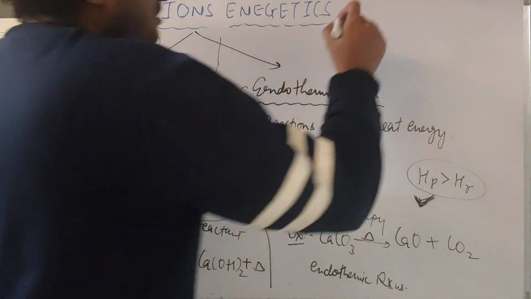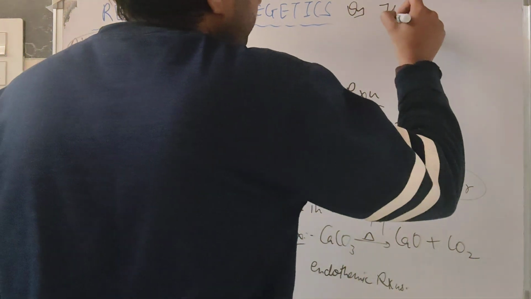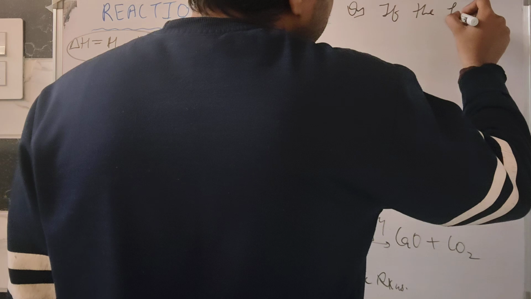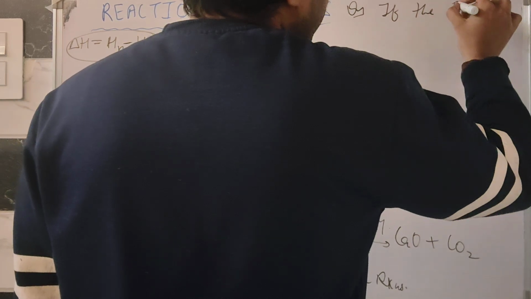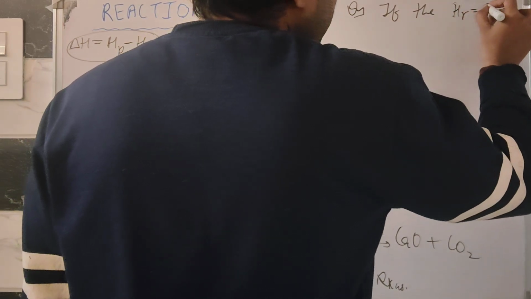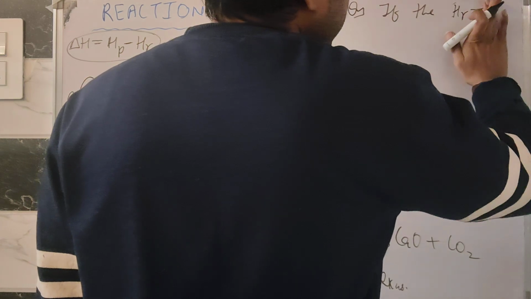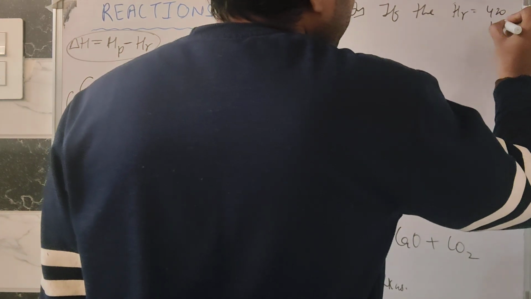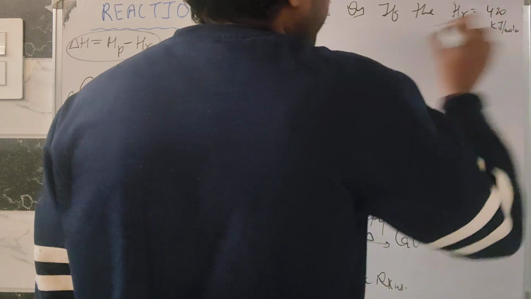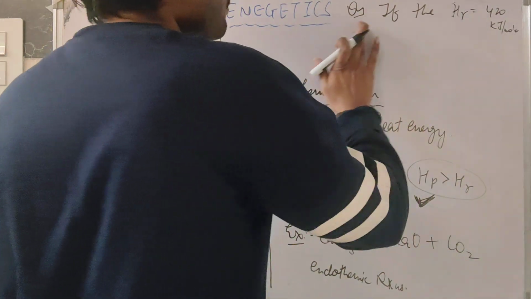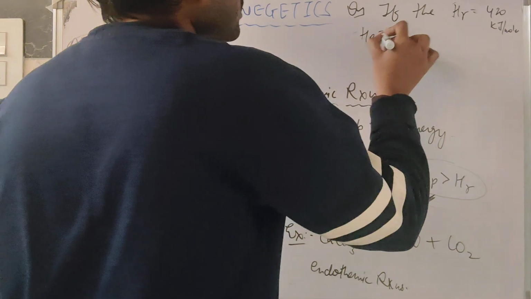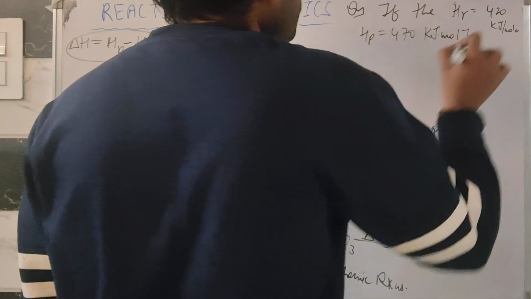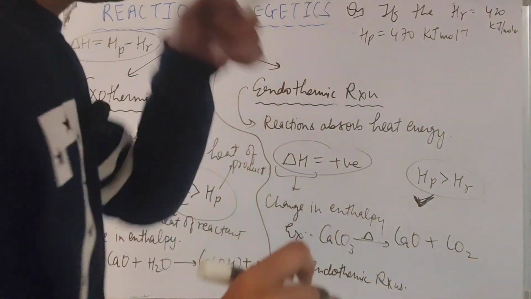So if I write the question: if the heat enthalpy of reactant is 420 kilojoule per mole, and the heat enthalpy of product is 470 kilojoule per mole, what is the enthalpy change?